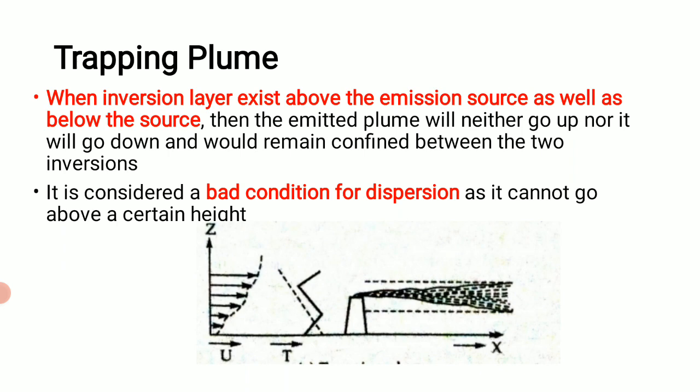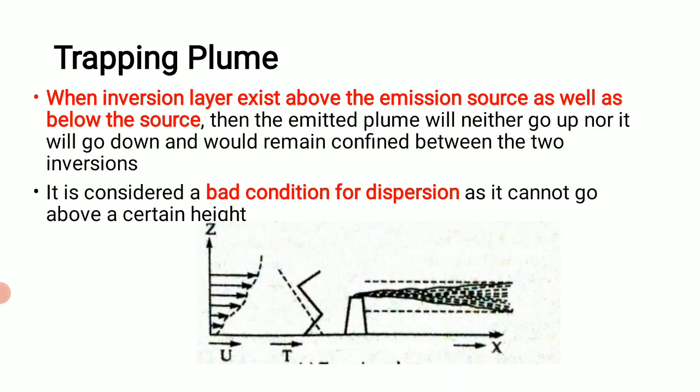Now the very last kind of plume behavior is the trapping plume. So when an inversion layer exists above the emission source as well as below the source, so above and below the stack an inversion layer exists, and in between there exists a stable or unstable atmosphere, and here it is an unstable atmosphere given.